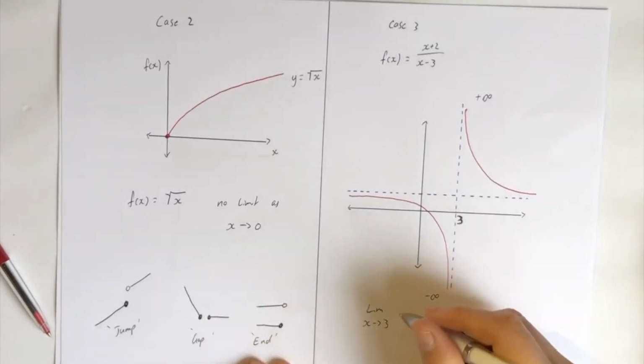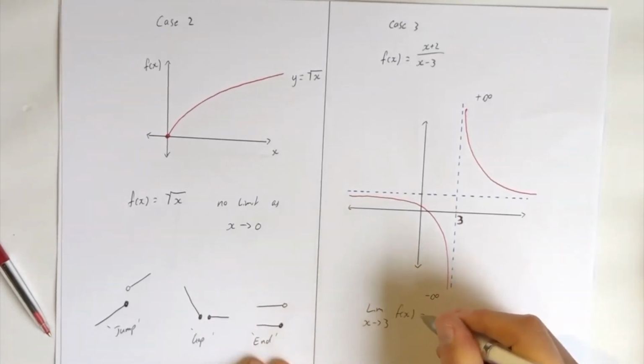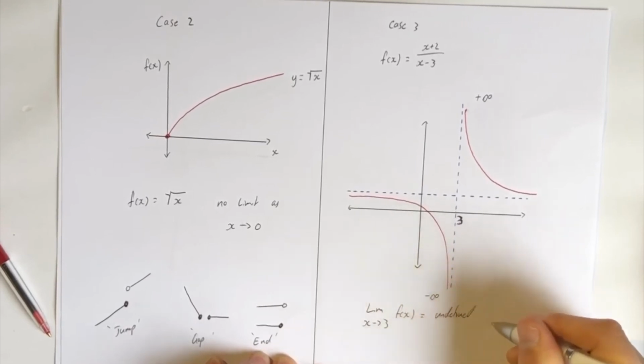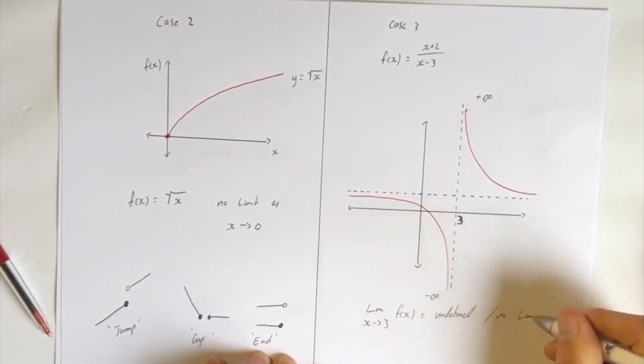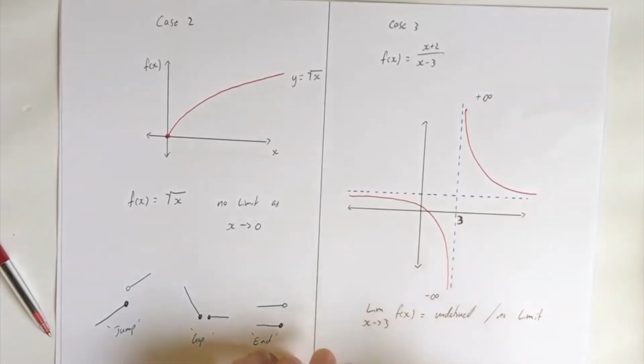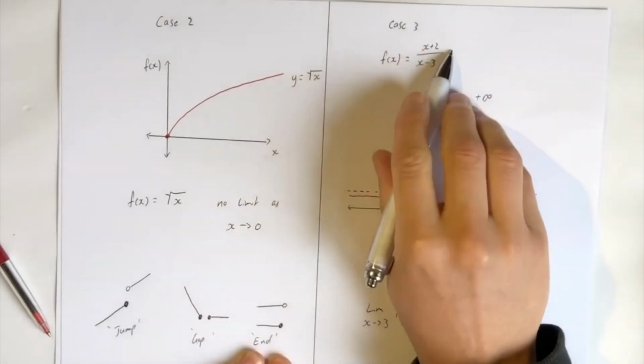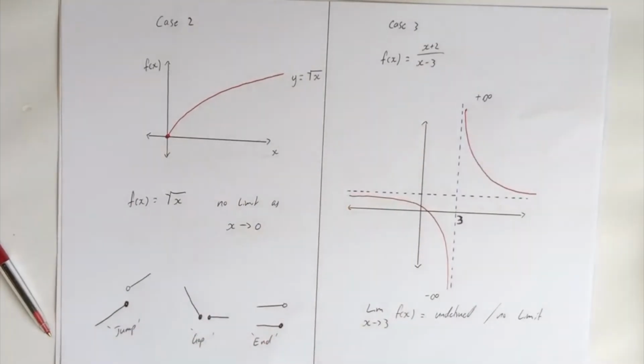So the limit as x goes to 3 of this function is undefined as well. No limit exists. That would be 5 over 0, so again, it would be undefined at that point.